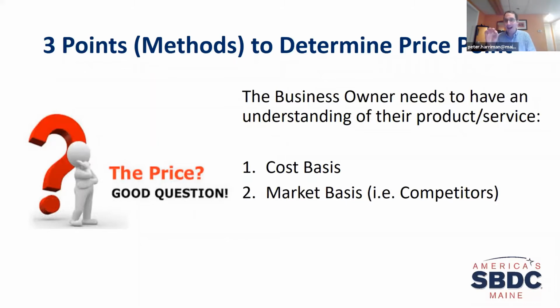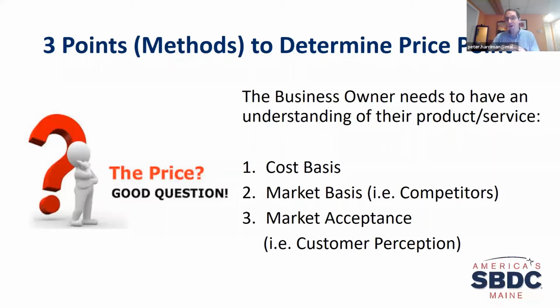Once we understand that, and usually I like businesses to go in this order, once you understand that, then you're going to look at your market basis, right? What is my competition able to offer a similar or the same product or service at, right? And that's going to tell me if I need to relook at my cost basis, right? And third, market acceptance, right? So this is your customer perception.